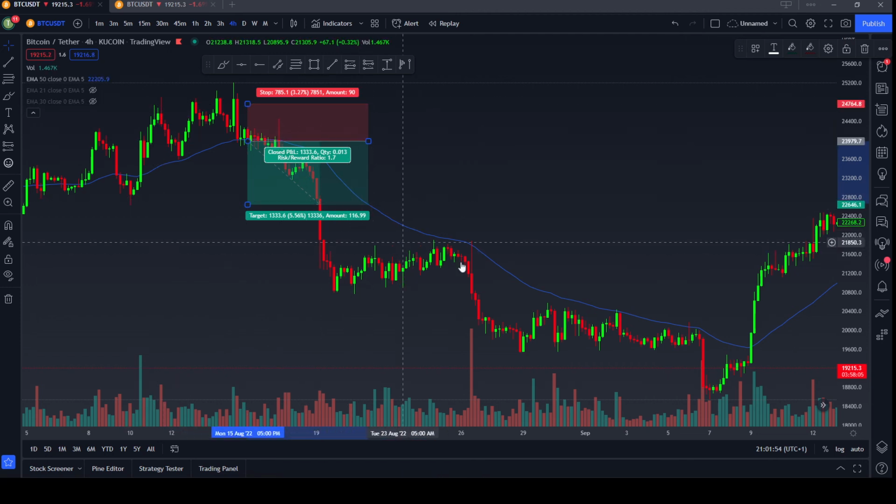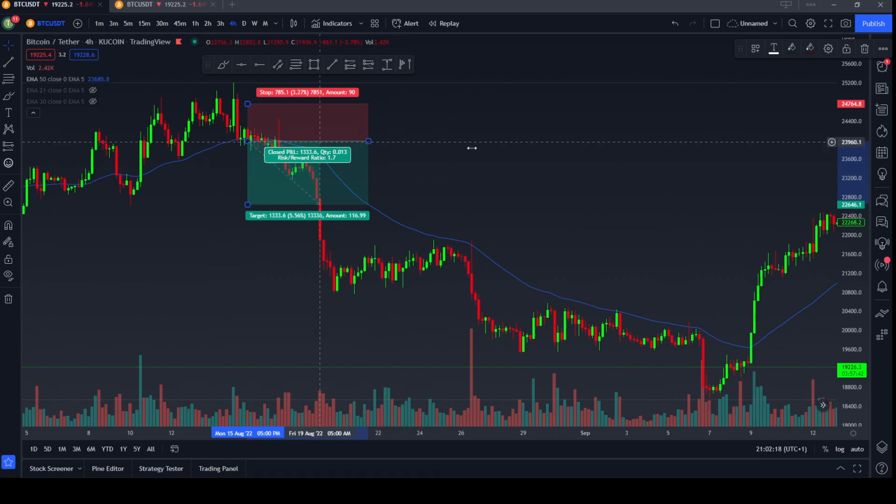And where's our first close? This is our first 50 EMA close. These are big long swing moves. So if you're swing trading, this is like the 16th of August, and this candle was our first stop out on the 9th of September.